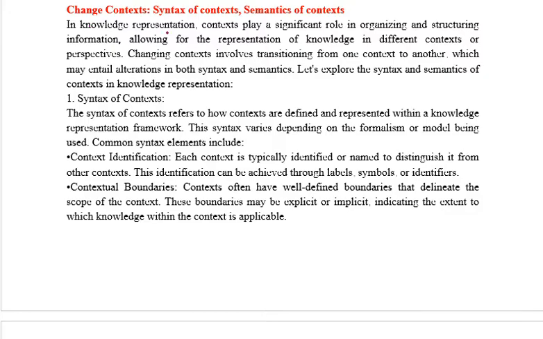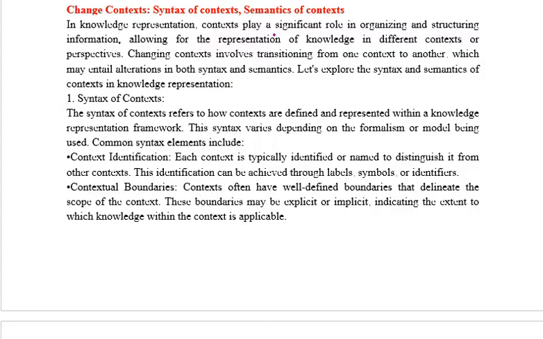In knowledge representation, contexts play a significant role in organizing and structuring the information, meaning we organize it in a correct, specific way and structure it in a structured manner.